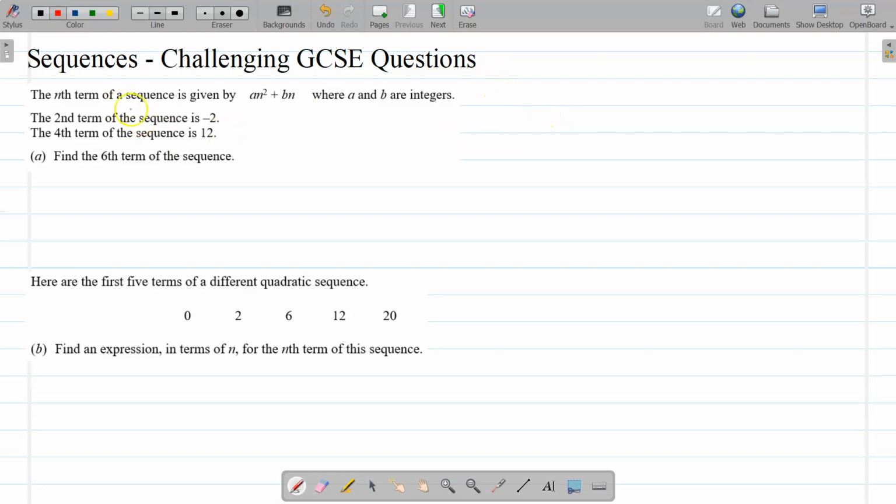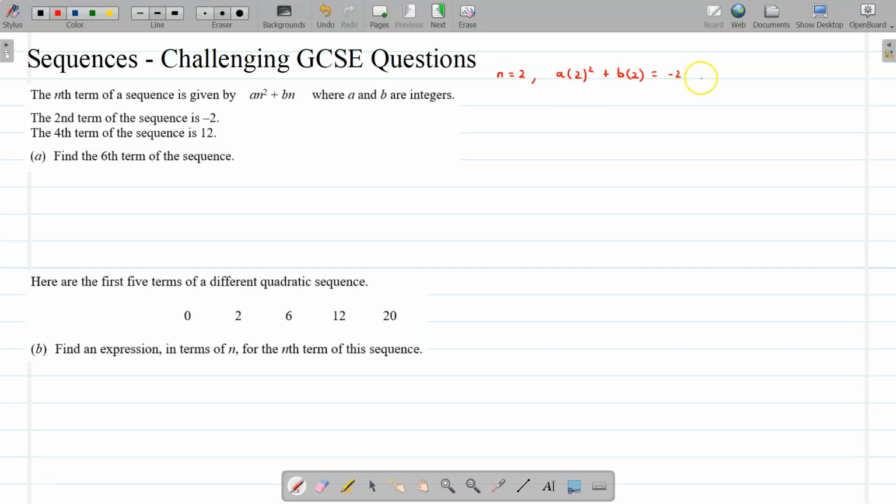So when we're talking about the second term, n is 2, and when n is 2, the value of the sequence is -2. So when n equals 2, we know that a times 2 squared plus b times 2 is equal to the second term of the sequence, which they tell us is -2.